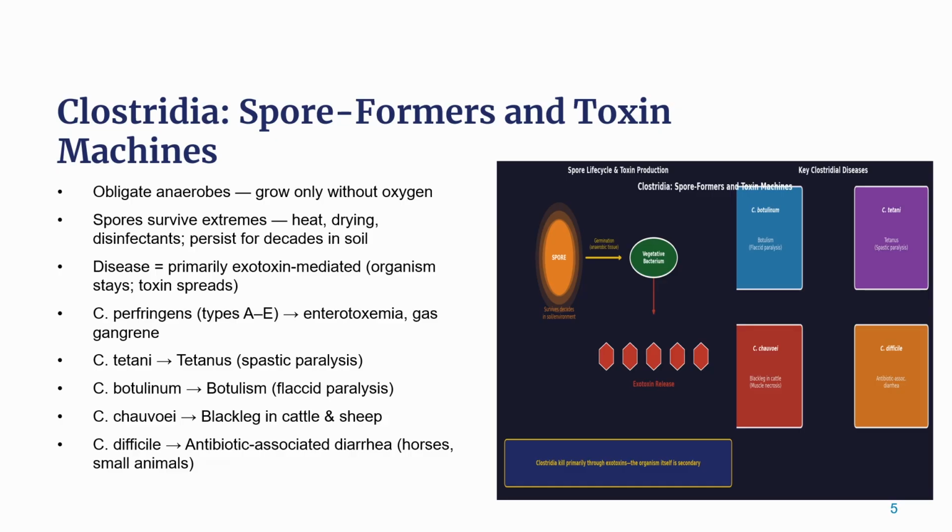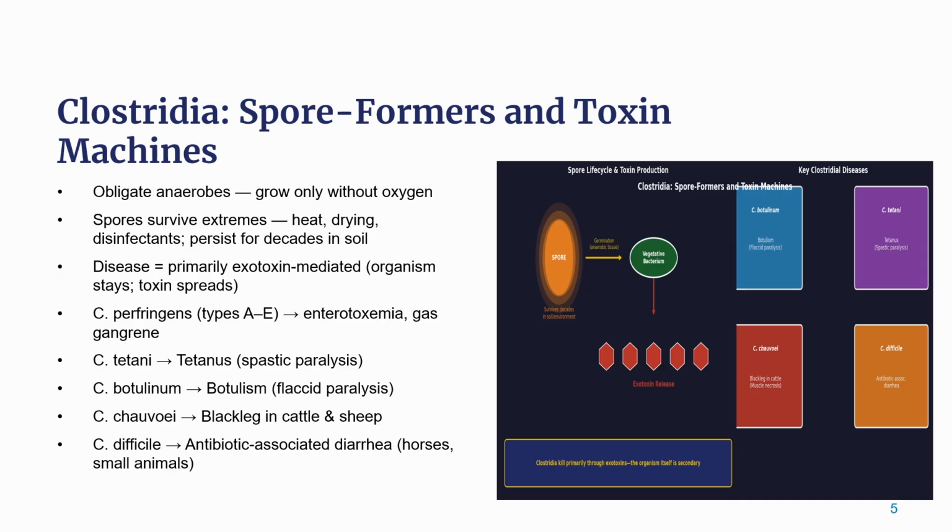Clostridia are a remarkable group because they are fundamentally toxin factories. The organism itself often does relatively little. It's what it secretes that kills. And the ecological key to their success is a spore. Clostridium chauvoei, the cause of blackleg in cattle, lives as spores in the soil for decades. A calf grazes and ingests spores.